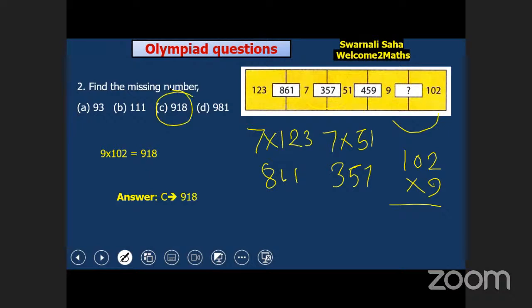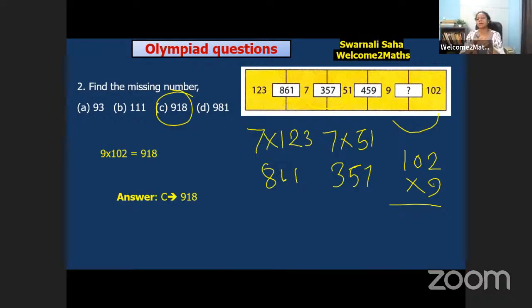So always remember, whenever you have this type of question, there is a number in the middle and there are two numbers on the side. So obviously there would be some relation.